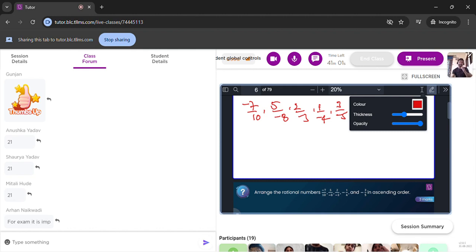So what we will do in this case, we have to take the LCM of all the numbers present in the denominator. As you can see here, there is 10, 8, 3, 4, and 5.